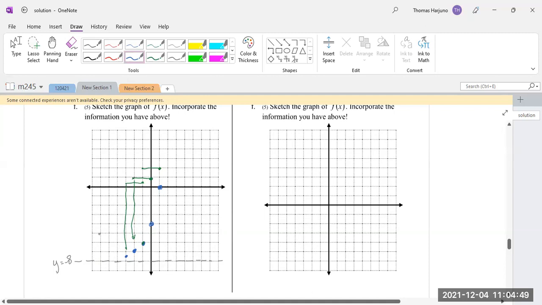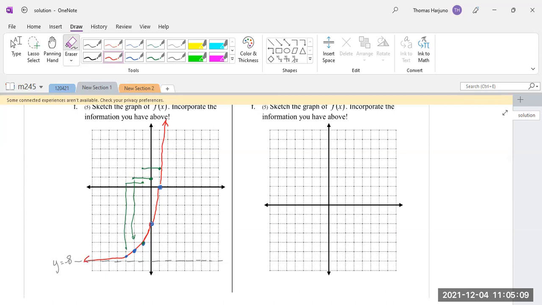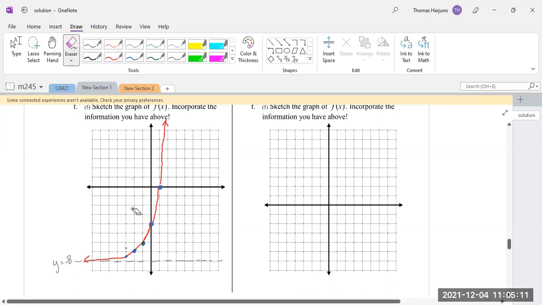So the graph will then be, let me use red color so that you can see the contrast. That's what it looks like. Don't forget, you need to provide me the 3 important coordinates.